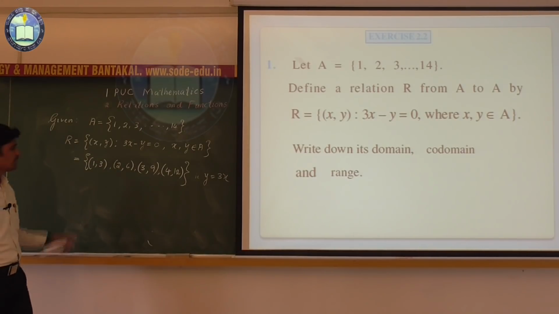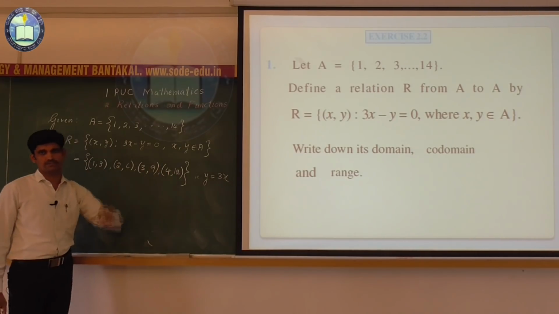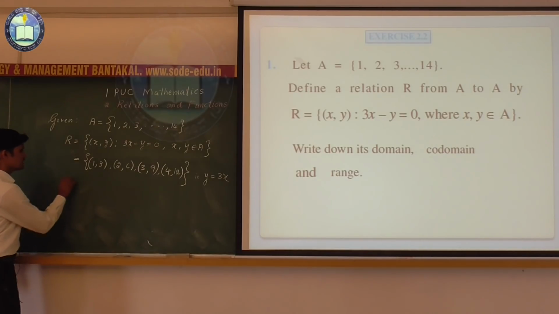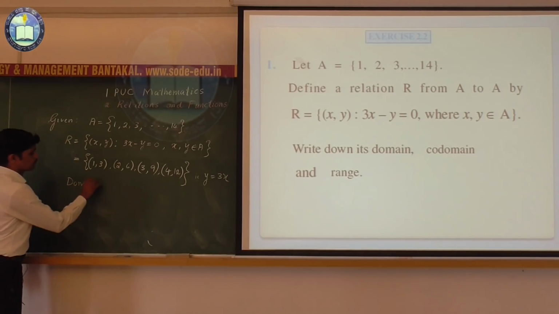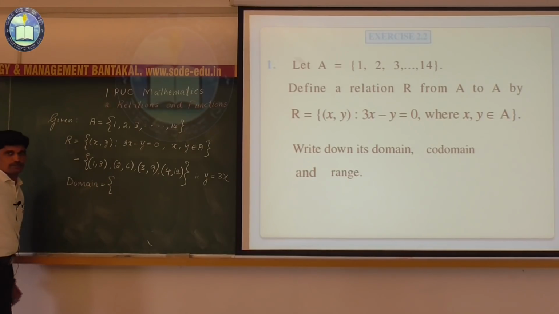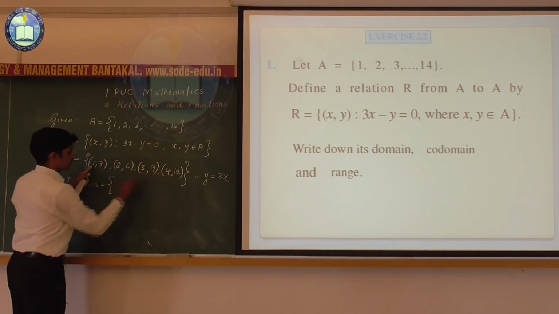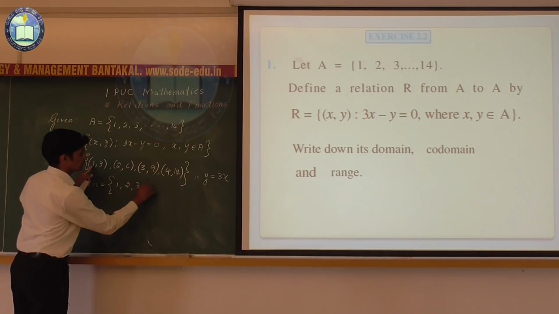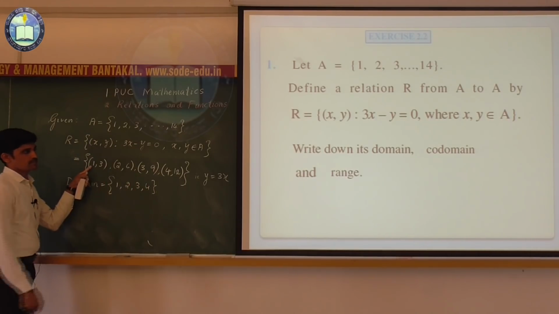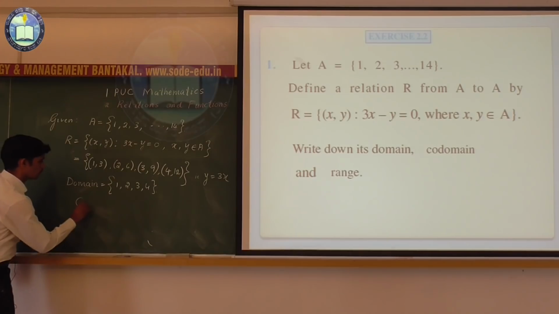Write its domain. The set of all first elements of the ordered pairs is called the domain. So domain is equal to the set of all first elements of the ordered pairs: 1, 2, 3, 4. What is the codomain?